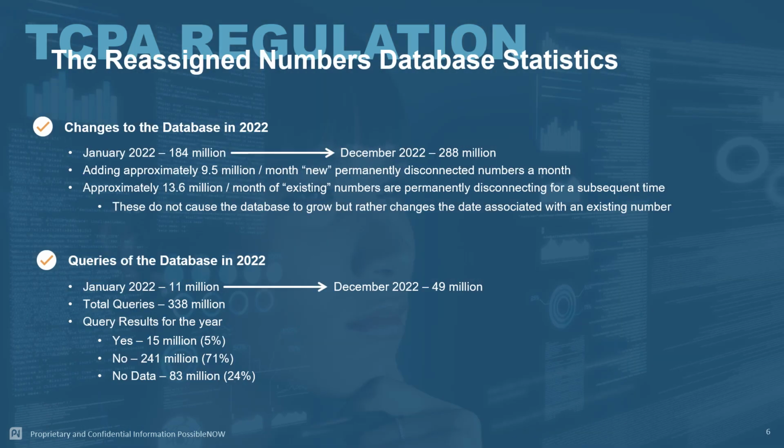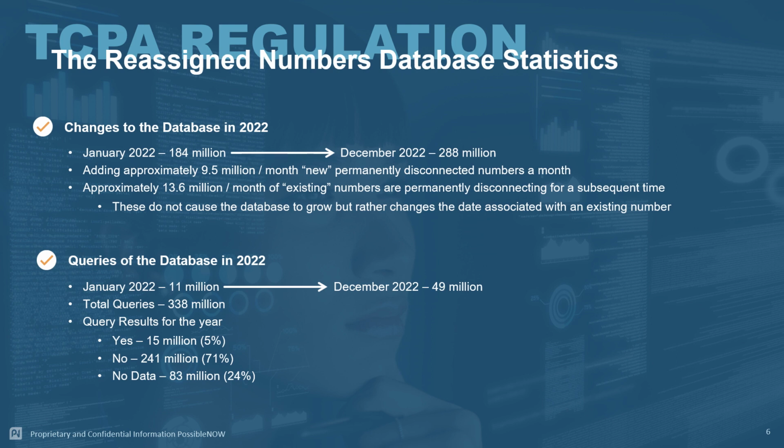So here are some of the numbers and statistics we've seen in regards to the R&D. As far as the changes last year, in January we saw about 184 million telephone numbers in that database, and by the end of the year, that had grown to 288 million. They're adding about 9.5 million new permanently disconnected numbers per month to the database.